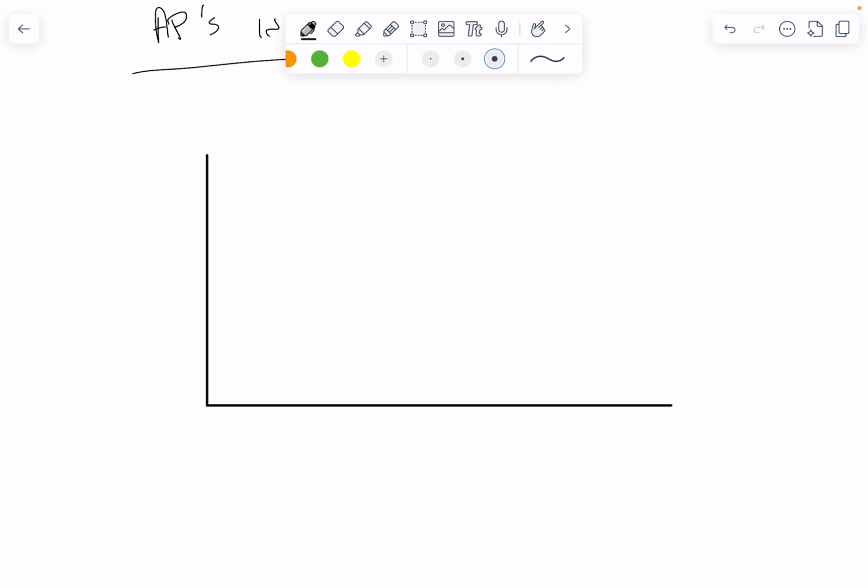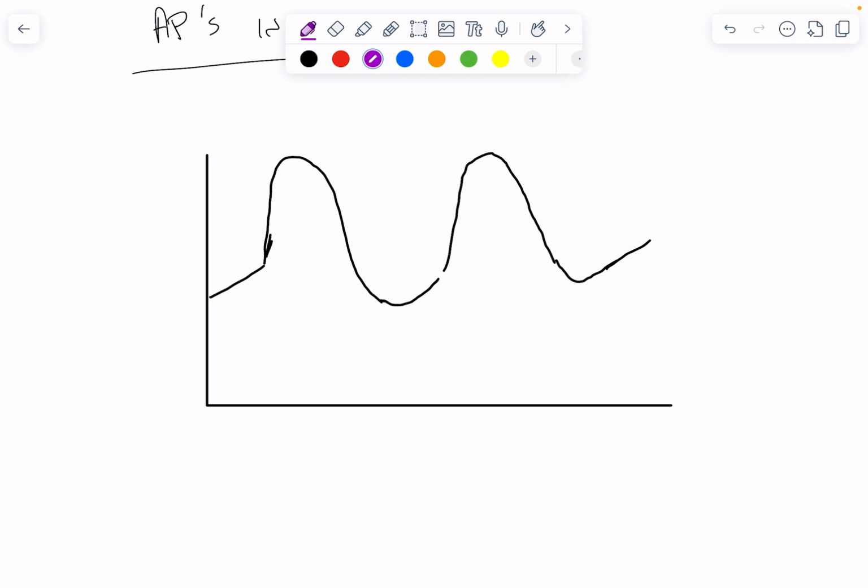What we're going to see here is an increase, and a decrease like this, and then an increase again, and an increase like this. And this is going to be stage 4.